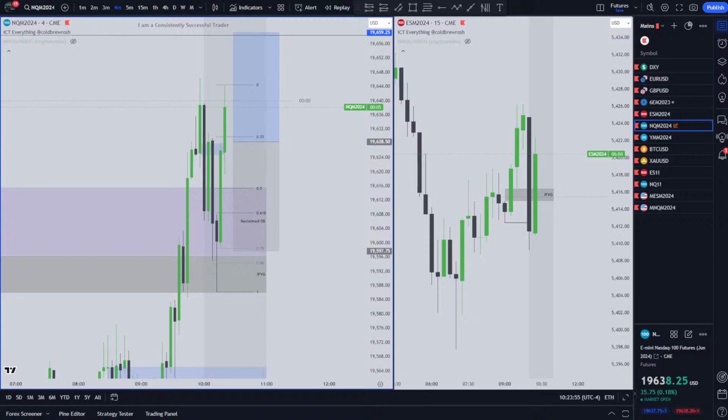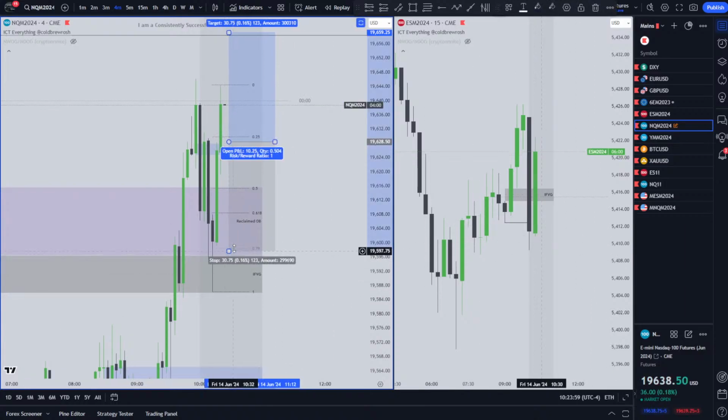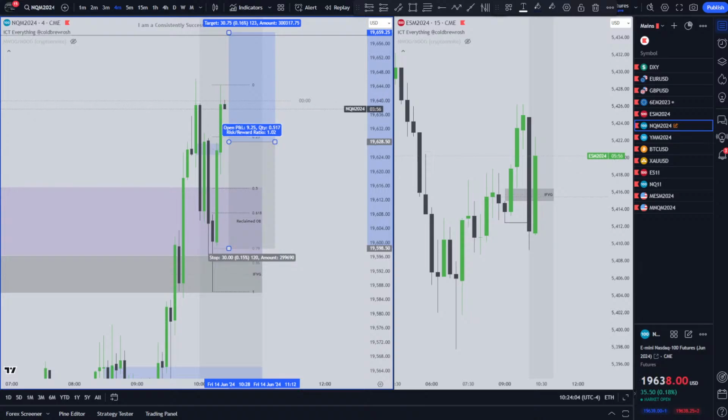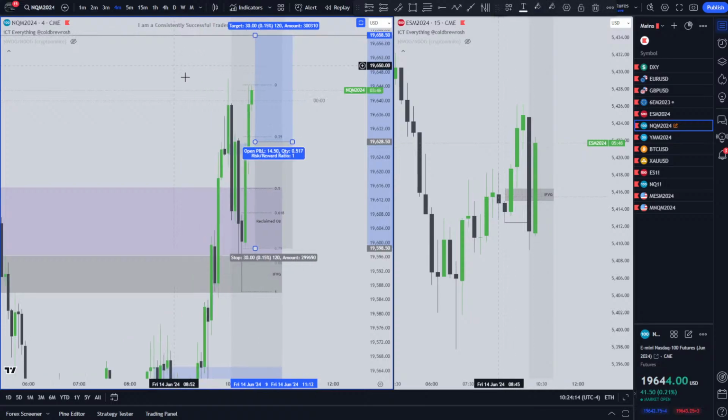Okay, so I'm getting ready to place my limit. I've placed my limit for the stop loss, take profit, and entry. My target is that buy side.